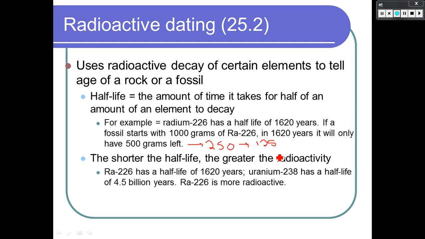That's not what's happening with an atomic bomb. With an atomic bomb, we're using the process of nuclear fission to bust that uranium apart. So that's a different process than this natural decay that we've been talking about.